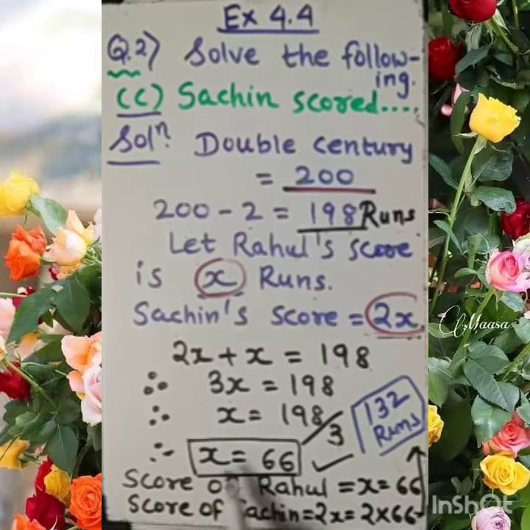So x equal to 66. So the final answer we need to mention in statement form, that is the score of Rahul is 66 runs and the score of Sachin is double that. So double of 66, that is 132 runs. This is the complete solution of C part of question number 2. I hope it's clear to you.